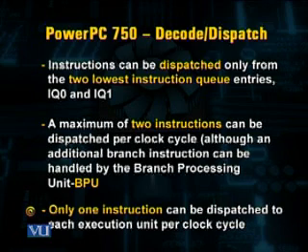Moreover, only 1 instruction can be dispatched to each execution unit per clock cycle. Also note that to facilitate dispatch, there must be a vacancy in the specified execution unit, and a rename register must be available for each destination operand specified by the instruction.